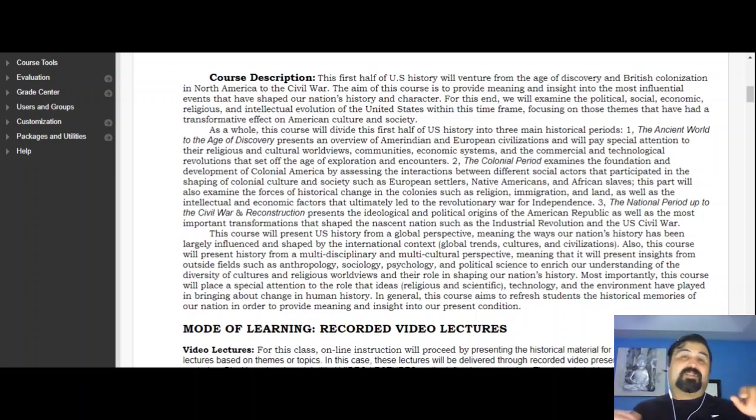And the second civilization is the European civilization. At some point, there will be contact, encounters, if you will, between those two distinct civilizations. And out of those encounters, of course, there's going to be a story that is going to be essential for the formation of the United States. Okay, so what that means is that our course is also going to look at Europe.